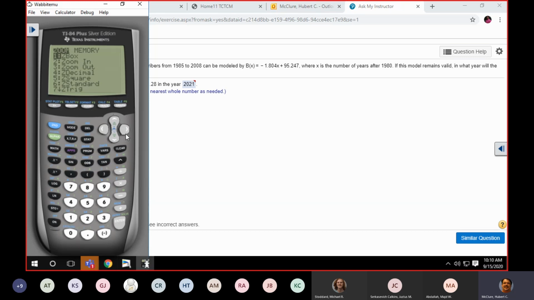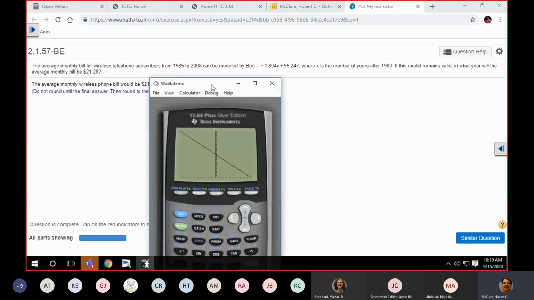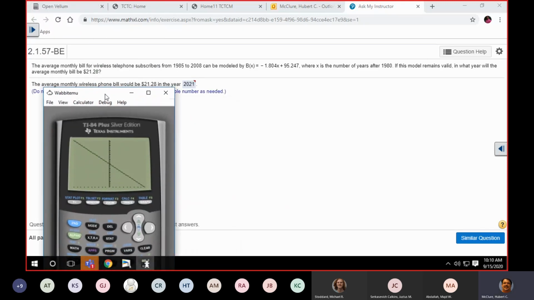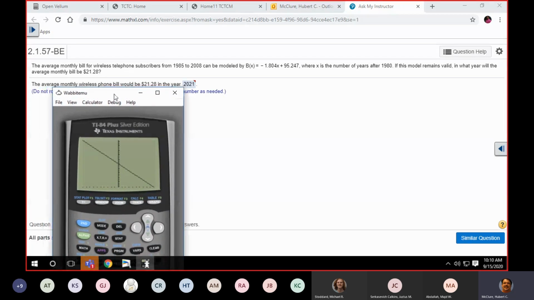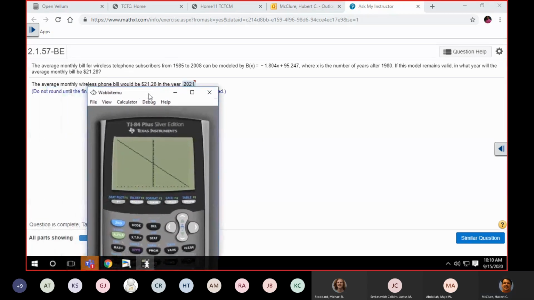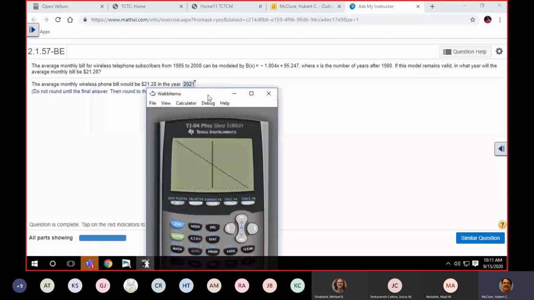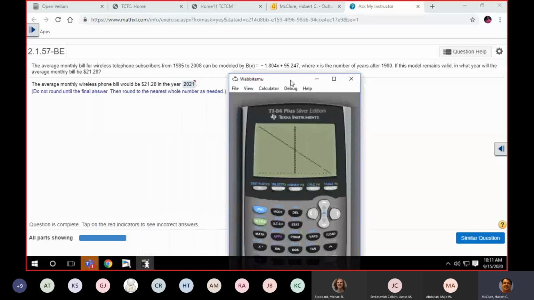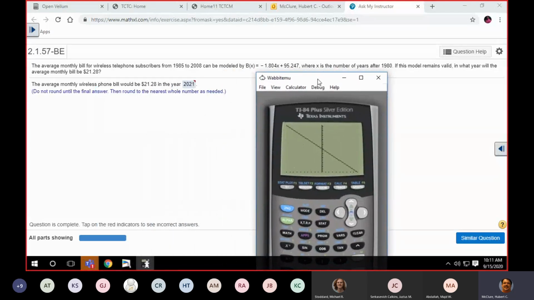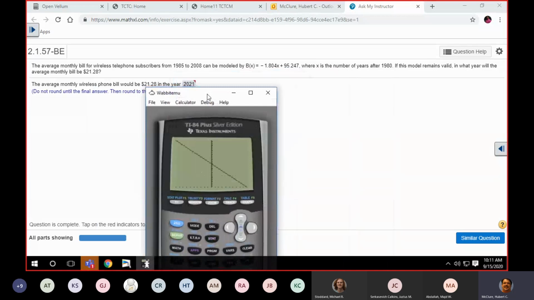And zoom fit. I'm on zoom fit, try to see if I can find it. There we go. So there's our graph. And you can hit trace because they want to find out when the average monthly wireless phone bill would be 21.28. Well, 21.28 is Y, right? B of X is 21.28.